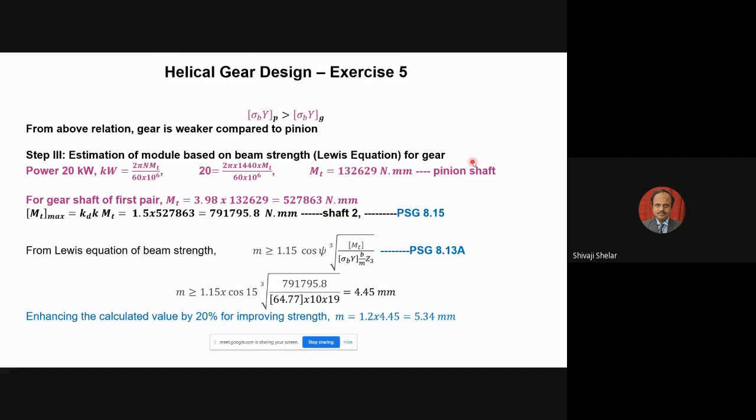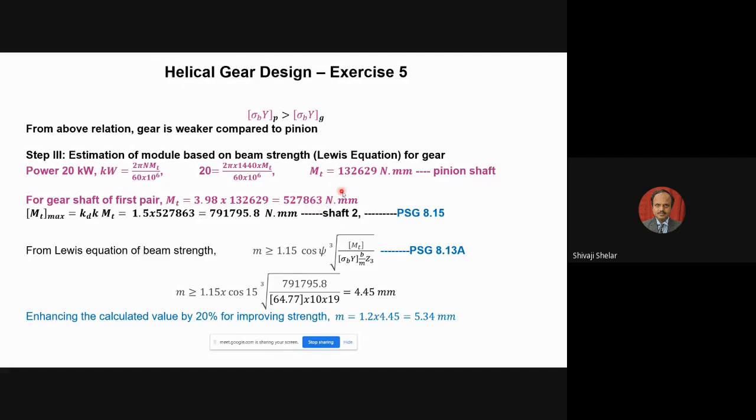Now this is the pinion shaft. Since we are designing gear, we should know what is the torque on the gear shaft. The stage ratio is 3.98, so the gear shaft torque will be enhanced by that value, 3.98 into the pinion shaft torque. So this value is 527,863 Newton millimeter. Now this is your rated torque.